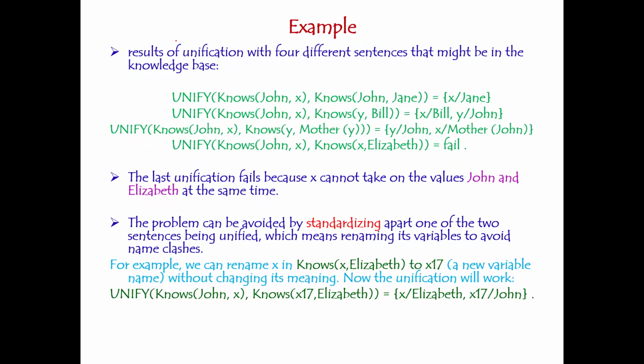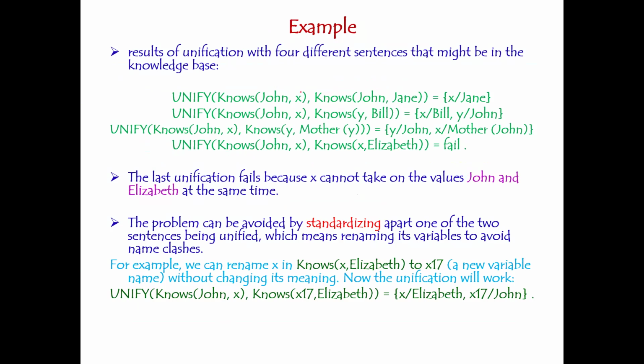These are the statements that we have found in the knowledge base. The first one is knows of John comma X, and the second is knows of John comma Jane. Two sentences we have found.